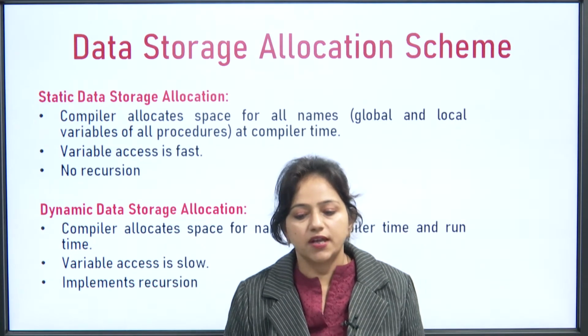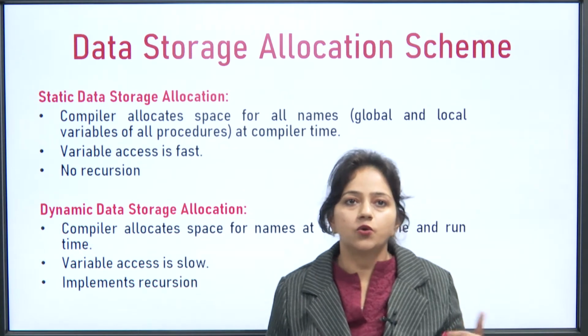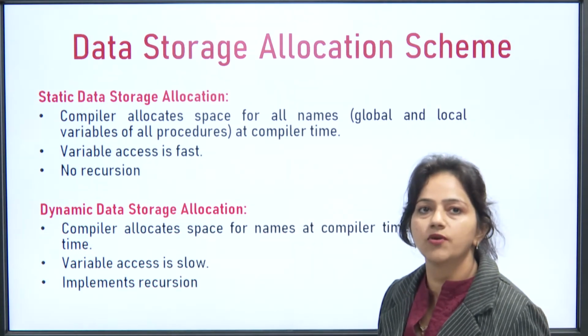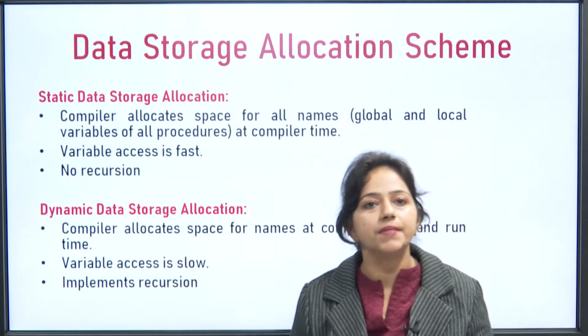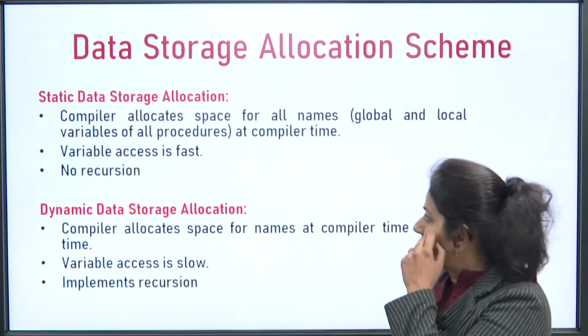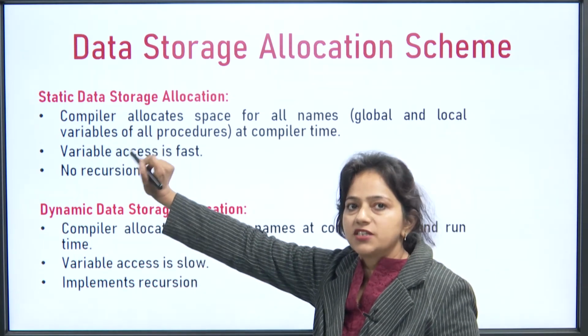Now, if we talk about data storage allocation schemes, broadly we can say there are two types: one is a static data allocation scheme and the second is a dynamic data storage allocation scheme. In the static allocation scheme, it is done at compile time only.